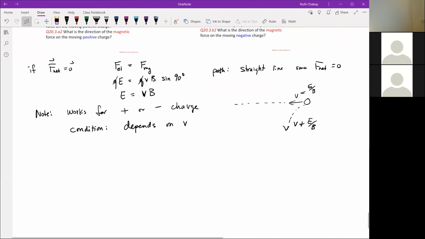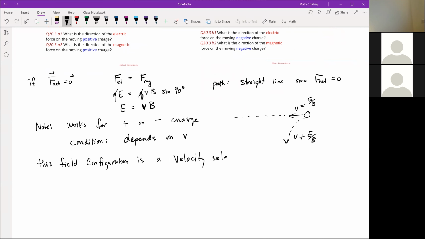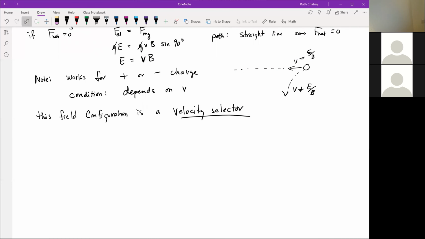This configuration of crossed E and B fields is known as a velocity selector. It can be used to select for particles moving at a particular speed, whether they're positive or negative, because only particles with the right speed get through in a straight line.